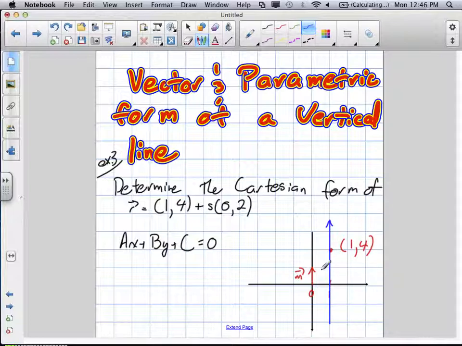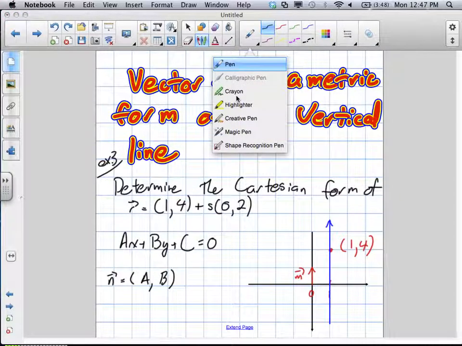And one of the things we're going to try to do is put this in parametric form so then we can relate it to the normal. If you guys remember, we want to find the normal to put this in Cartesian form. Because in Cartesian form, the normal vector, which is the uppercase A and B, those are exactly what we're going to put in for numbers here.